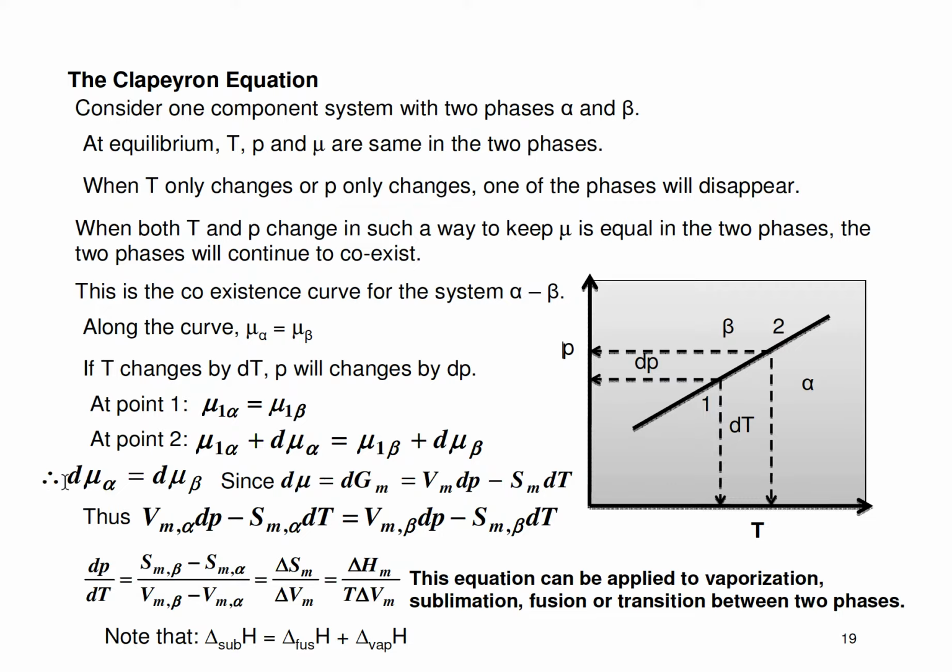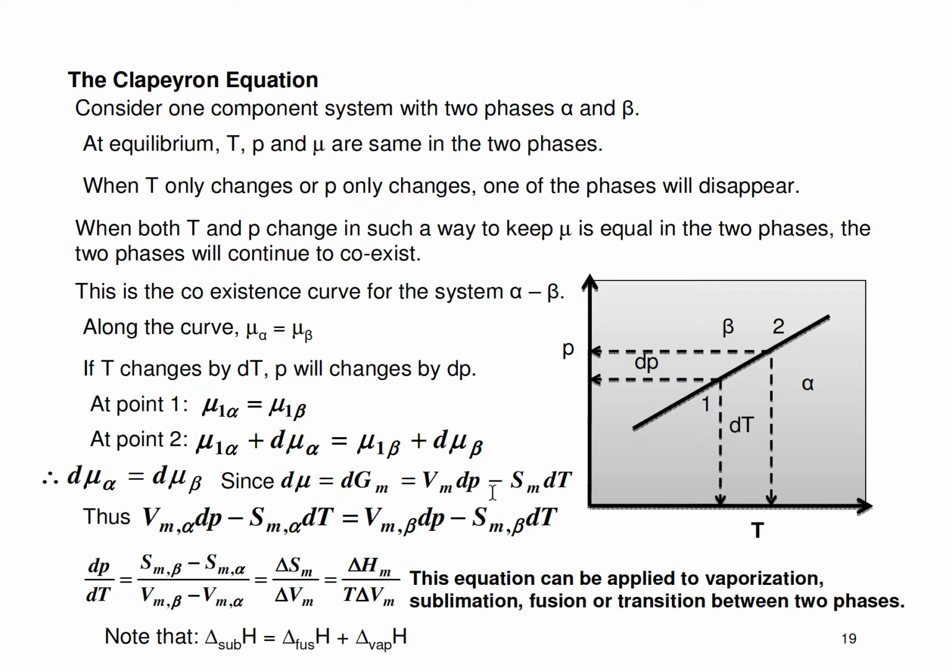Okay, so we can make the conclusion that d mu alpha equals d mu beta, since d mu equals dGm equals V dP minus S dT.